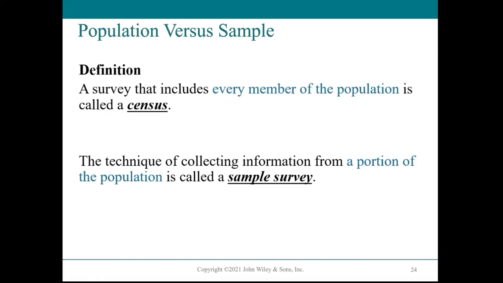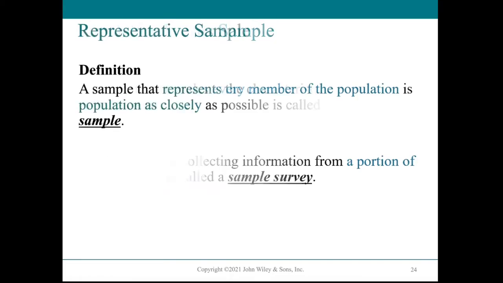Only a certain portion of the population is asked who they will vote for in 2022. Whereas when the actual voting comes, ideally everyone should be voting, so the vote of every member of the population is counted. That is considered your census. So that's the difference between the sample survey and your census.